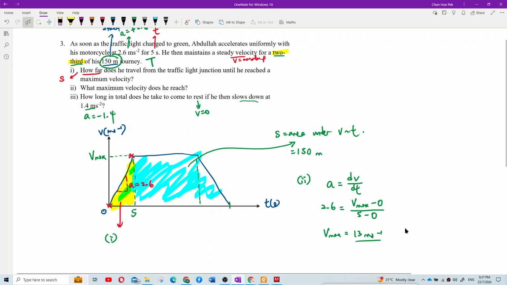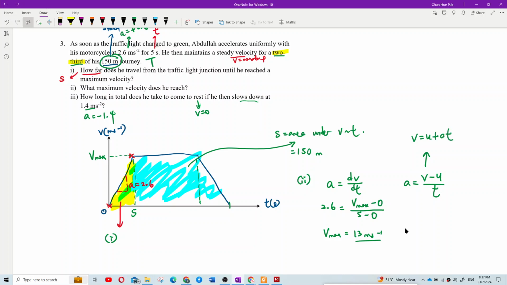A equals V minus U over T comes from V equals U plus AT. So this is still a kinematic formula question, class. Just that it's not so obvious for you.